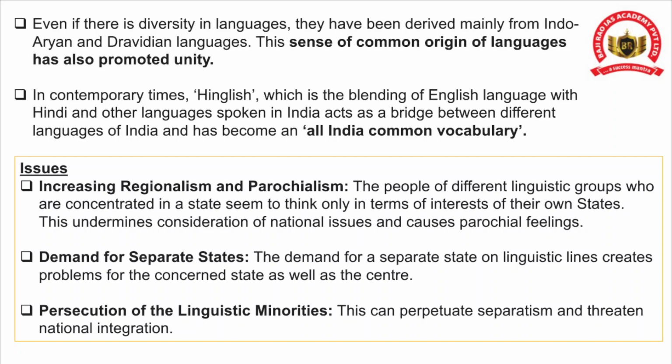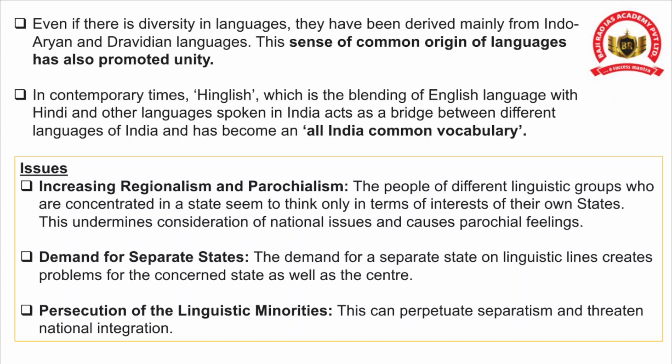And third, persecution of linguistic minorities. Fortunately, we have not seen any instances of persecution of linguistic minorities, that is, minorities based on language. However, we can observe this in the erstwhile East Pakistan, that is now Bangladesh.